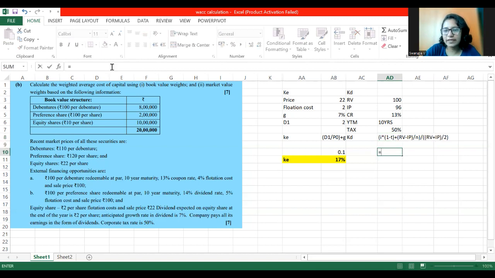So plotting all the items in this formula, which is interest 13 into 1 minus 50%, my tax rate. So my interest cost I have taken, then I need to take my flotation cost, which is 100 minus 96 spread over 10 years, by 10.